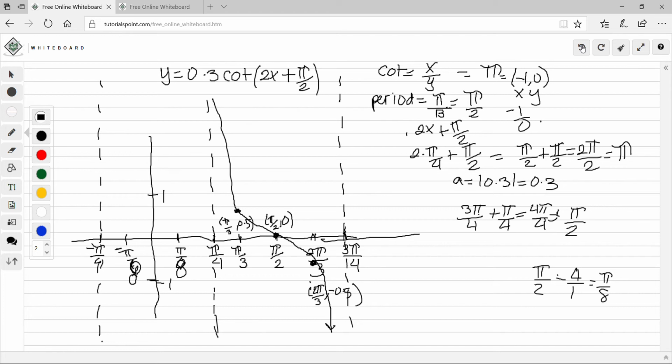When you plug in pi eighth into the function, you should get negative 0.3. So negative 0.3 is right here. And when you plug in 0 into the function, you get 0. And when you plug in negative pi eighth, you should get positive 0.3. So it will look something like this.